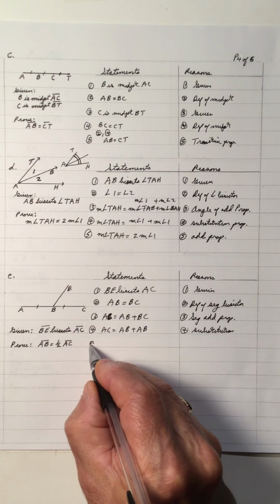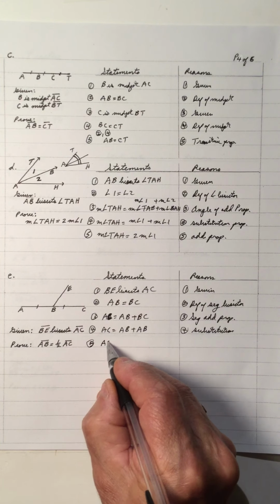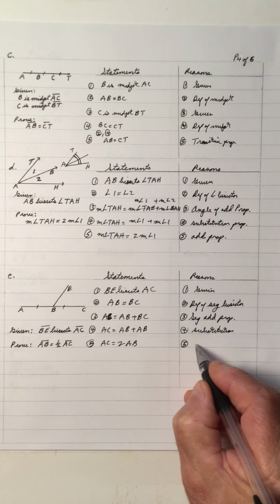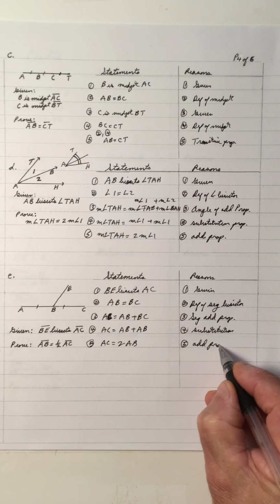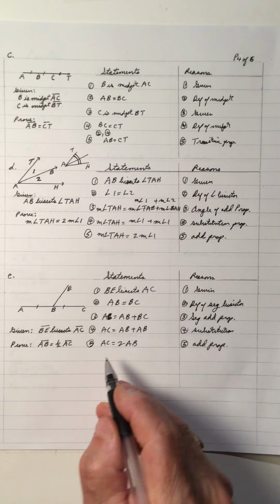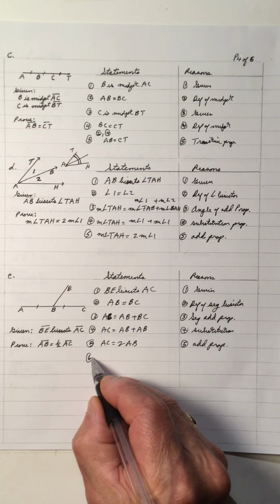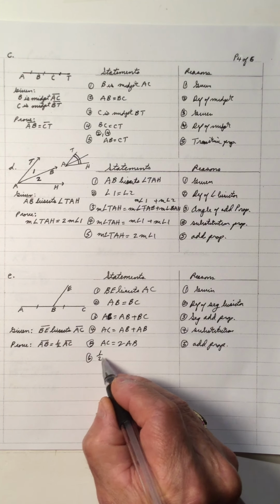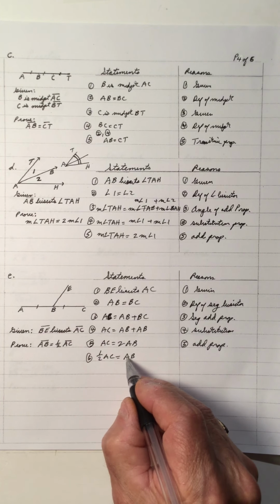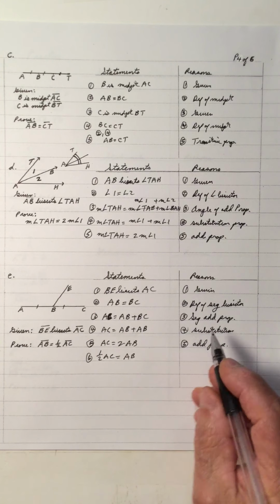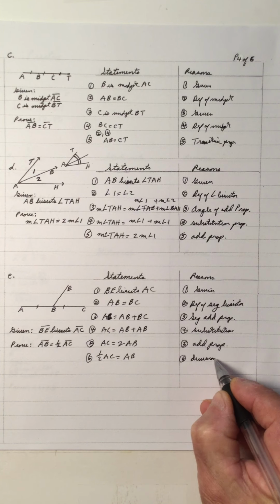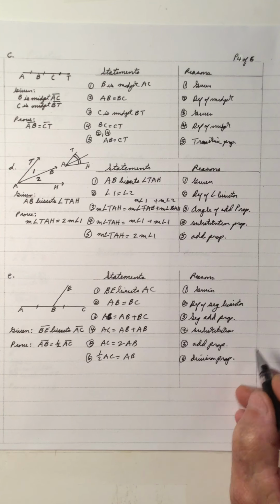And as a result, we have that AC equals 2AB, and that's the addition property of equality. And we have that BC is a half of AC, so that means we have to divide by 2. So divide by 2. So BC divided by 2 is 1, AC divided by 2 is a half. And so that's the division property of equality. And the proof is done.